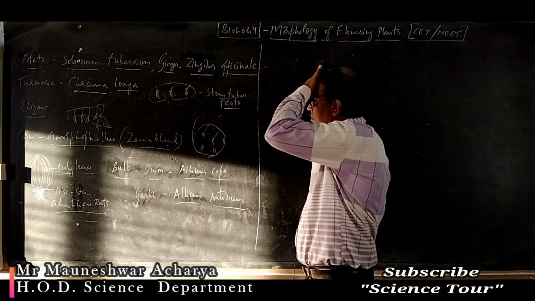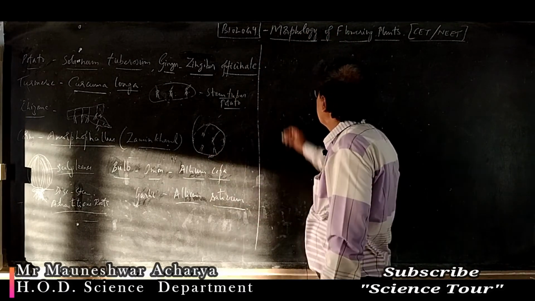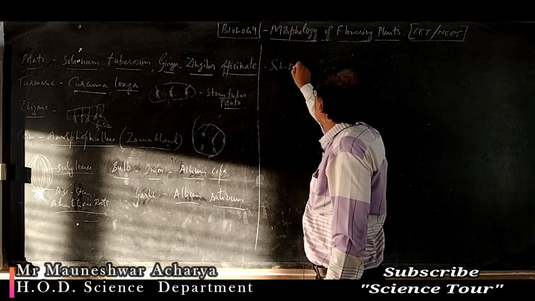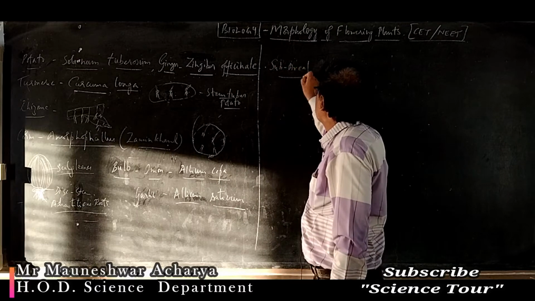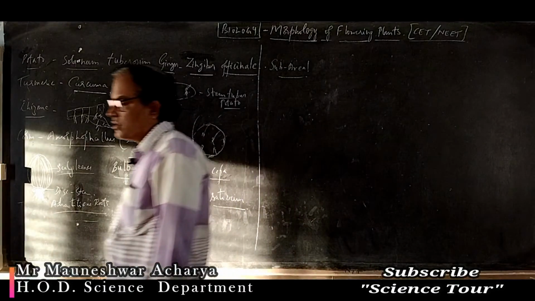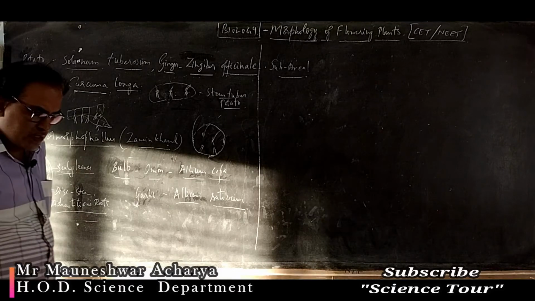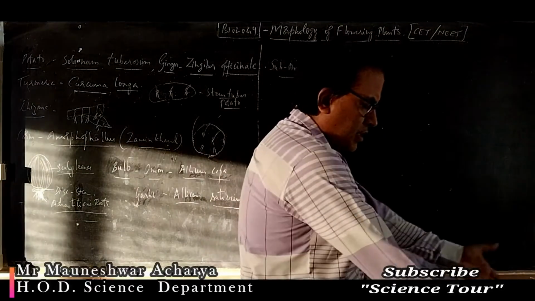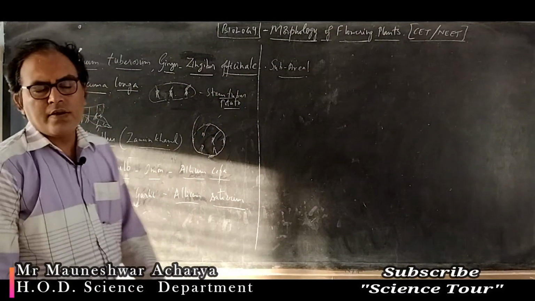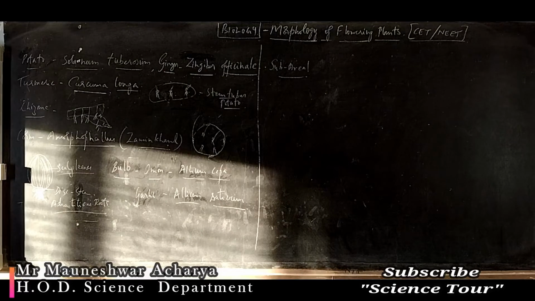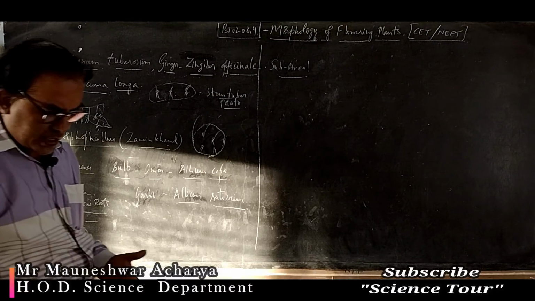Similarly, the stem is also modified subaerial. What is subaerial modification of stem? For example, there are stems which run horizontally along the ground surface, and wherever they reach a new habitat or niche, the older one will die and the newer one will grow.